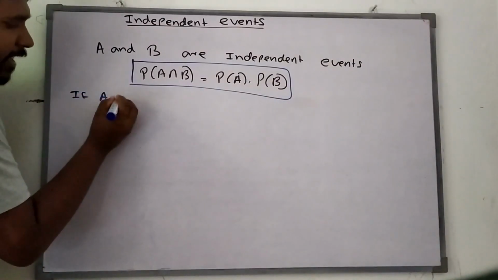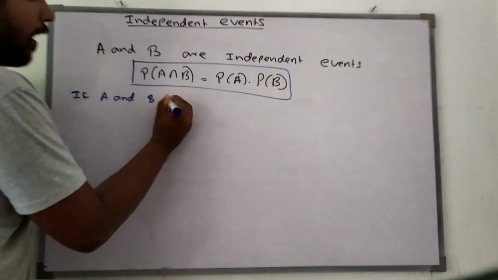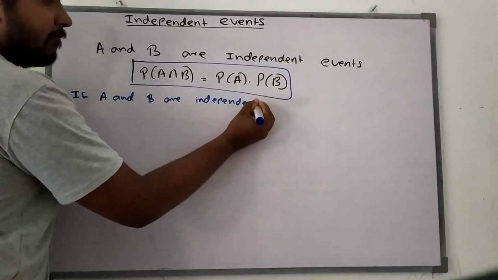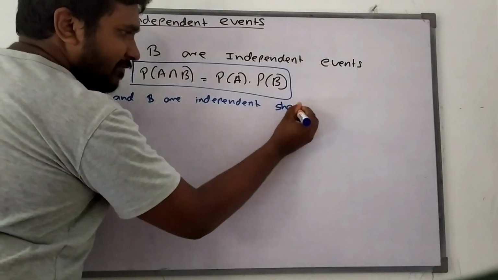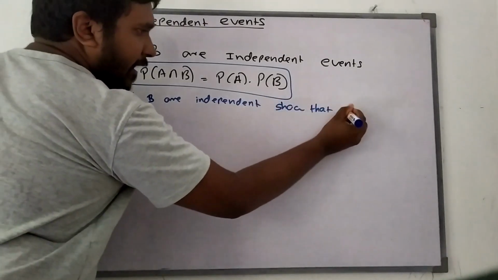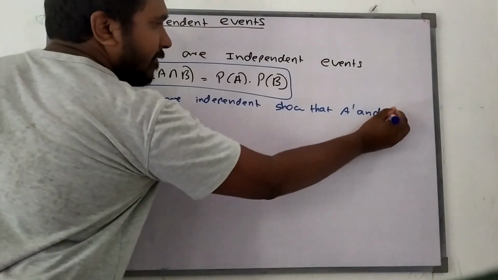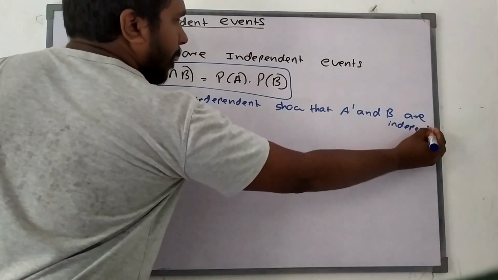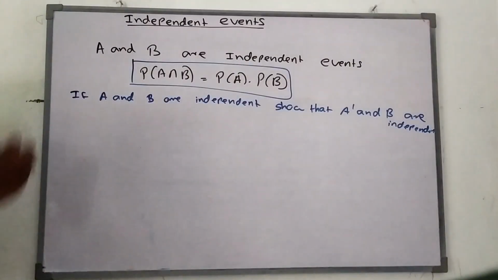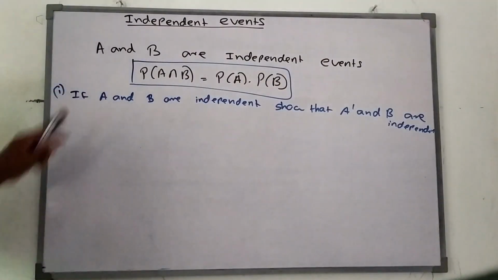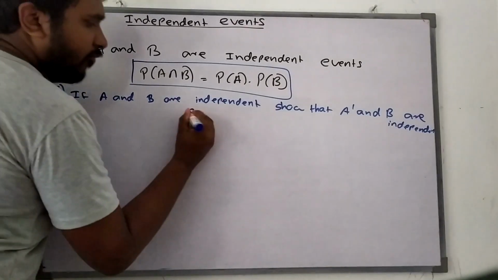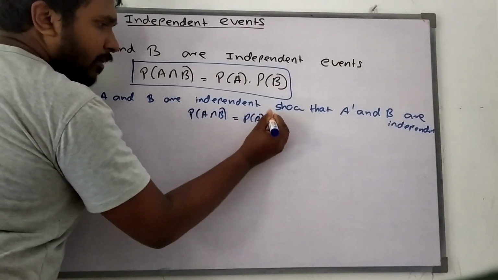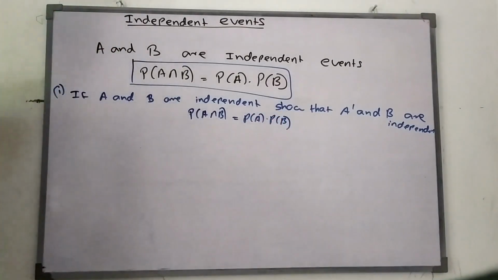If A and B are independent, show that A dash and B are independent. This is from number one. If A and B are independent, then P(A intersection B) is P(A)P(B).